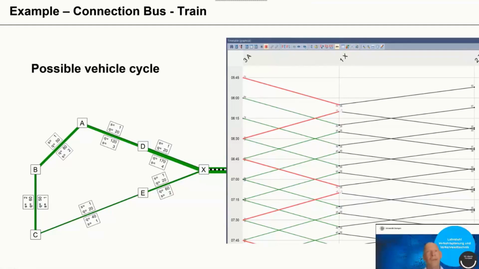I'm looking at cycles. And we start maybe here as one solution, but it could also be here. Then we would start earlier. We travel to the station. The vehicle turns around and travels back. Here you could argue, maybe I can travel back straight away. Maybe I want to schedule a driver break or a recovery break.